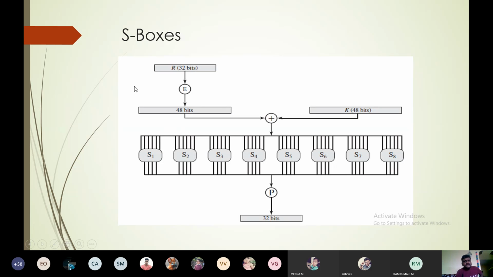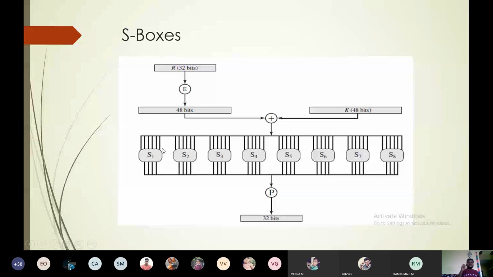Inside this S box, we have 8 substitution boxes, S1 to S8. The input will be 1, 2, 3, 4, 5, 6.